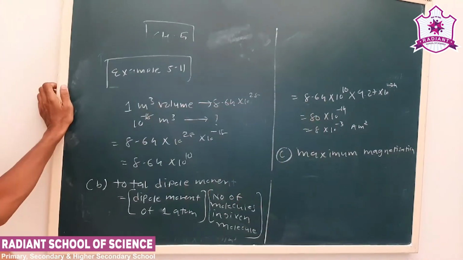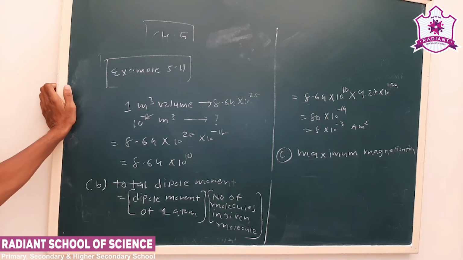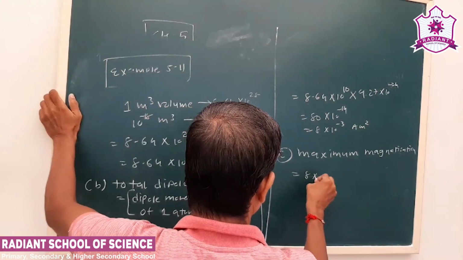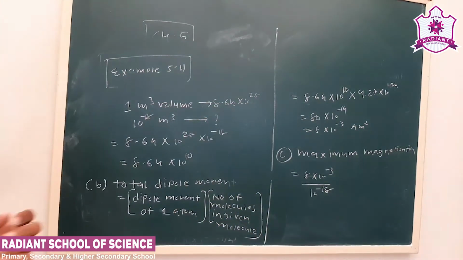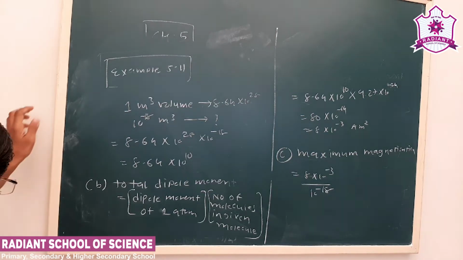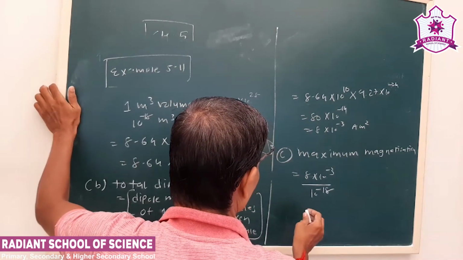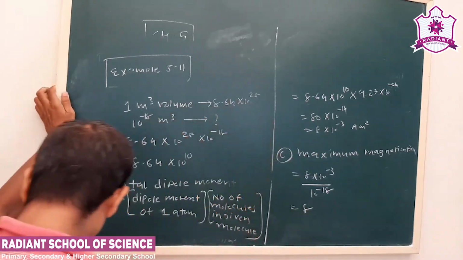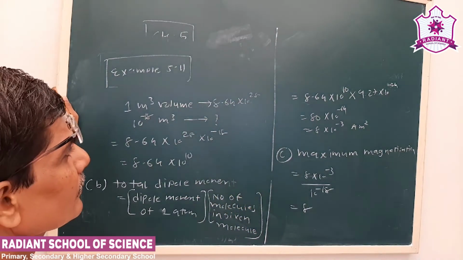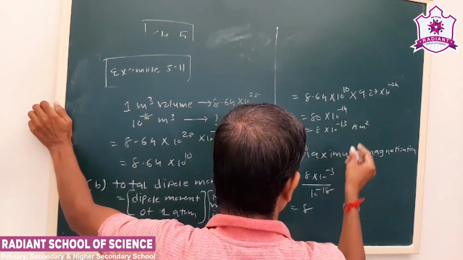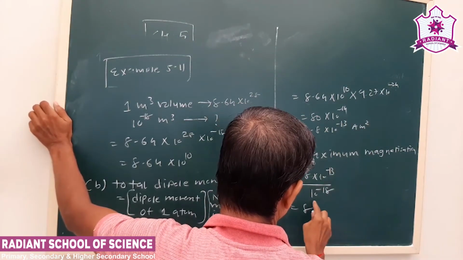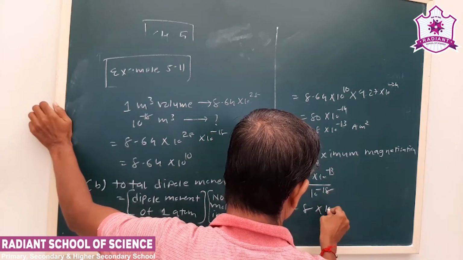For maximum magnetization, what we have to do? See, we have to divide with the volume of the given cube. That will be 8 into 10 to minus 3 upon 10 to minus 18, that we have seen is the volume of the cube given. So that will get as 8 into 10 to the minus 14 and minus 13. Okay, sorry. Yes, 18 minus 13 is 5.